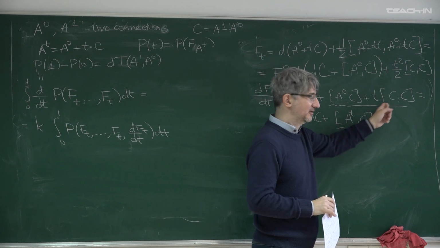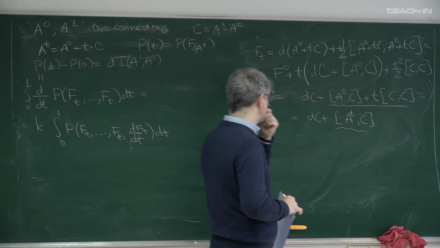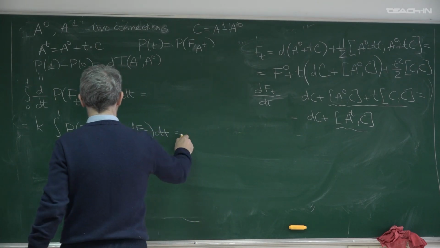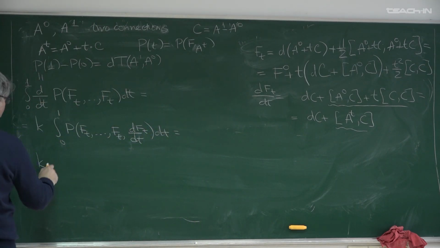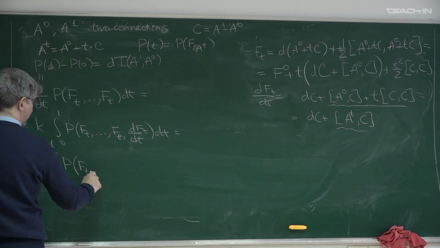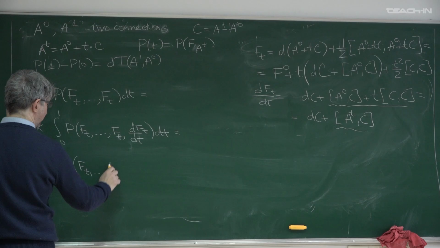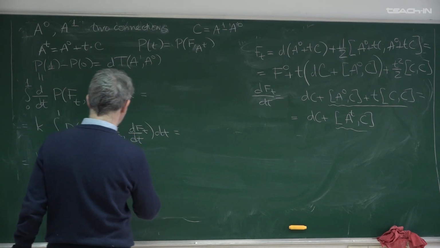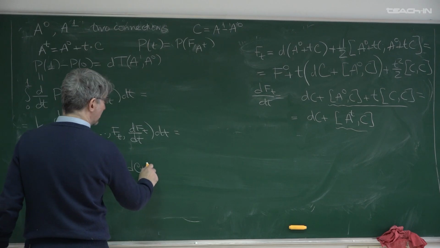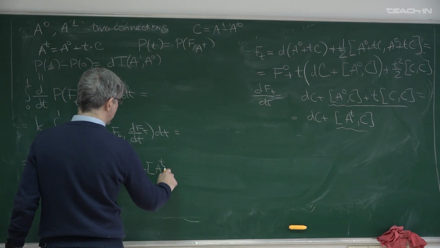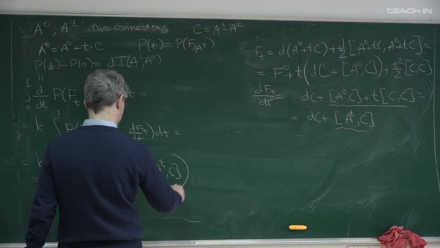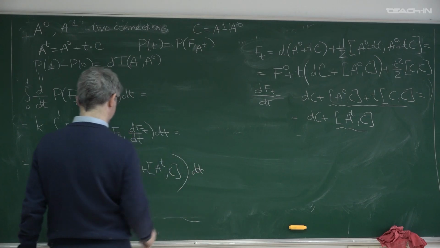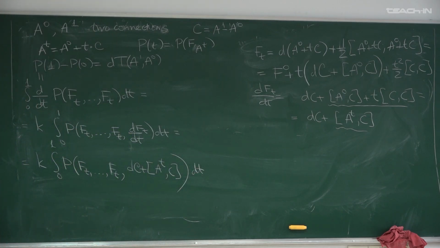They together give you this one. So we can continue this calculation, and in the last place you will see dc plus the commutator of at with c, over dt. Very good.